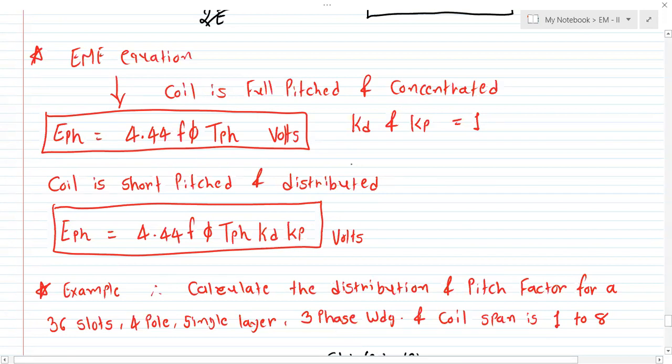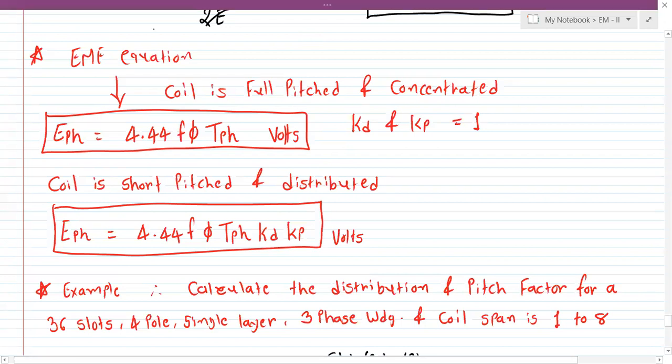But suppose we assume that the coil is short pitched and distributed. Then we have to modify our equation of the EMF generated per phase.